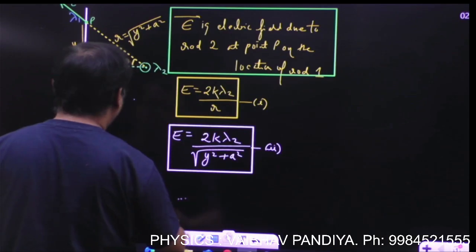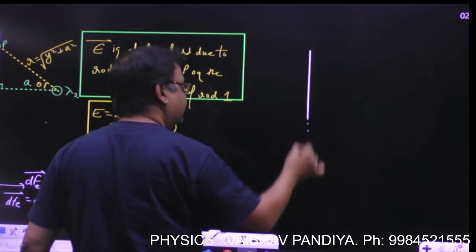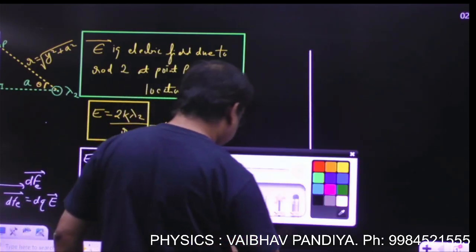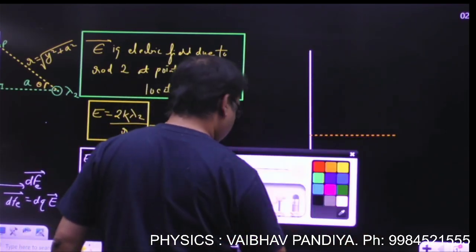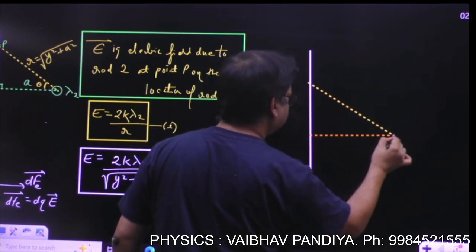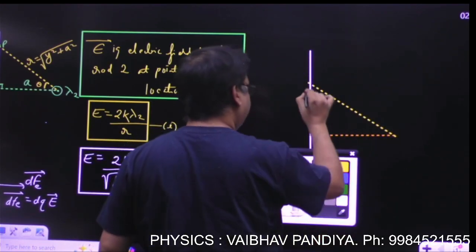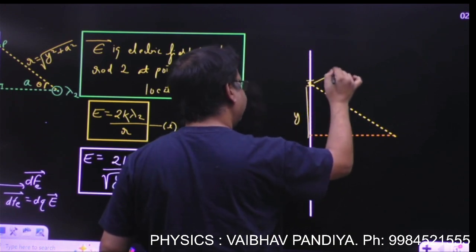So now I will take a charge element on rod 1. This is say y, and I'm taking a charge element of thickness dy.